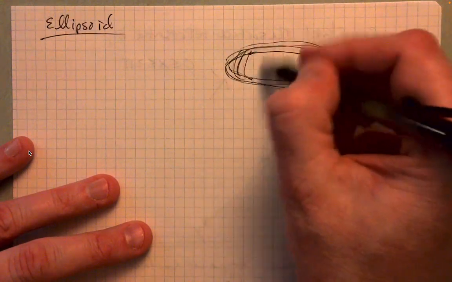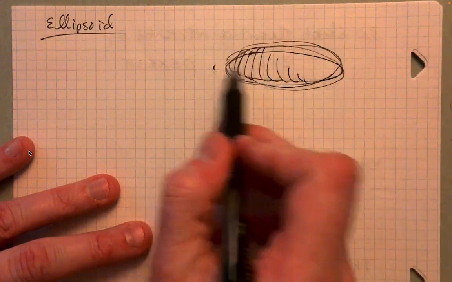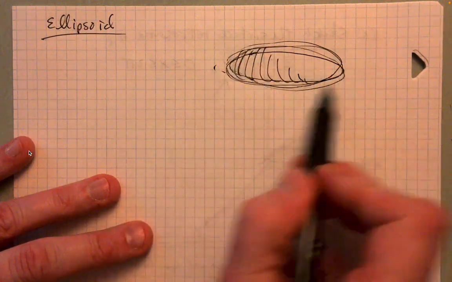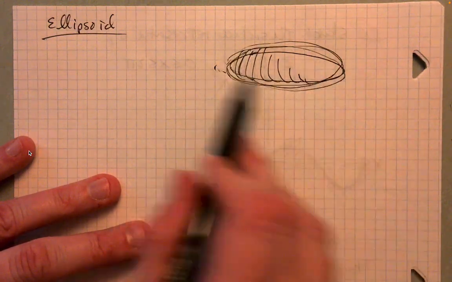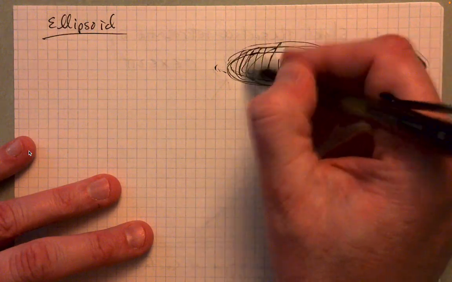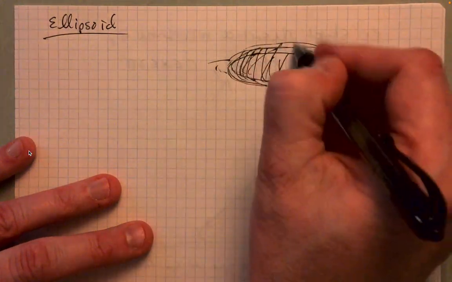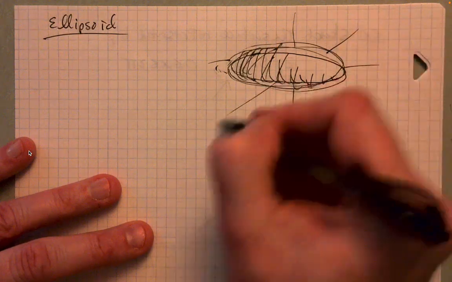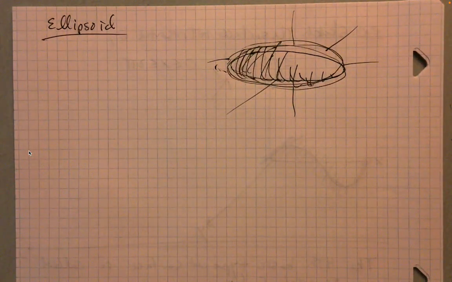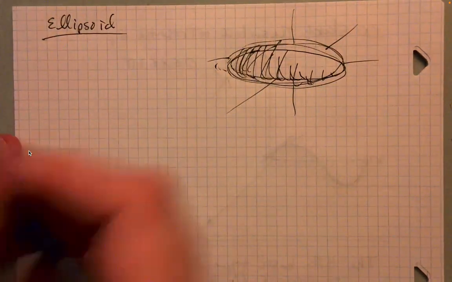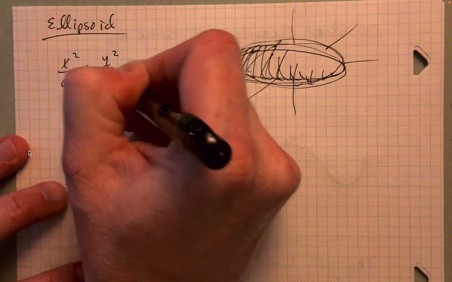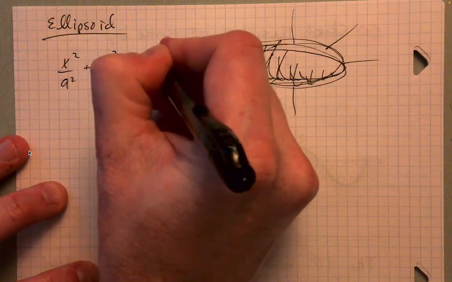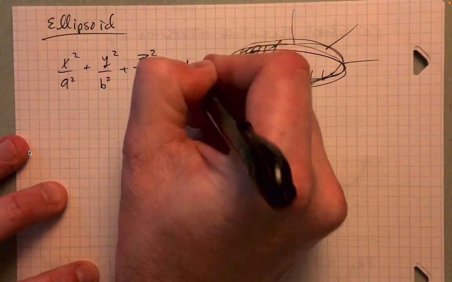You're going to get a rounded surface that is elliptical on the horizontal plane through the center, and also on the vertical plane through the center. The best I can do is to draw like this, and this is not very helpful, but it's a tricky one to draw. So this is just called the ellipsoid, and the equation of an ellipsoid is x squared over a squared plus y squared over b squared plus z squared over c squared equals 1.